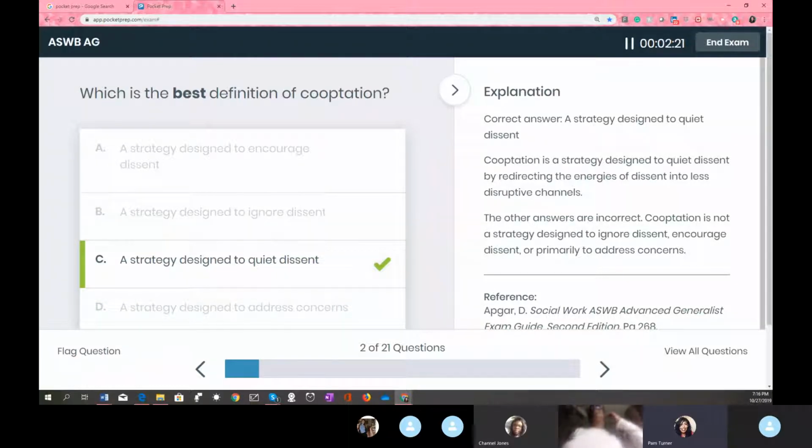With co-optation, I'm taking over, but I want everyone to really get along. The goal is to decrease the number of people who are complaining. That's dissent, people who are complaining. A strategy designed to quiet dissent by redirecting the energies of dissent into less disruptive channels.